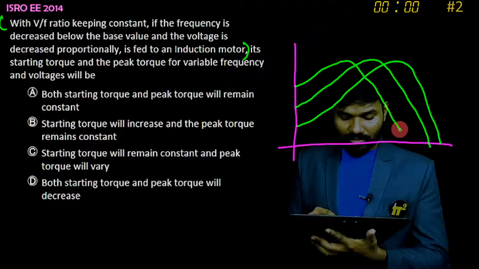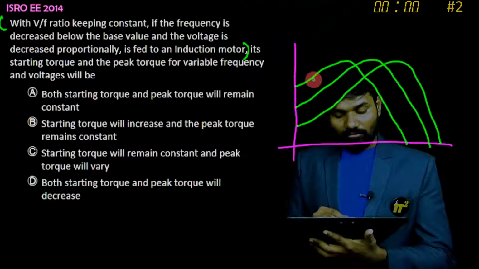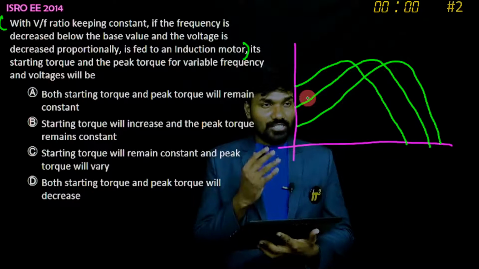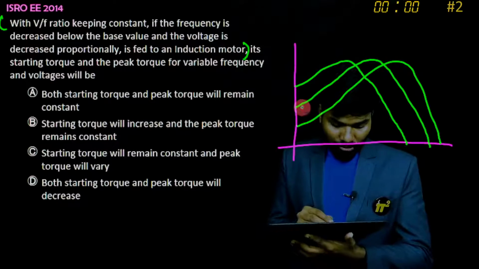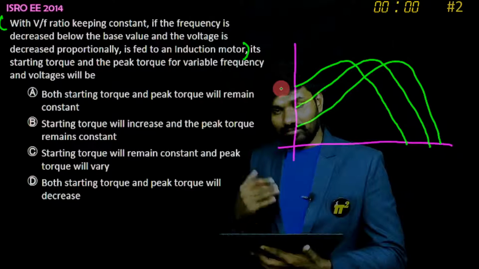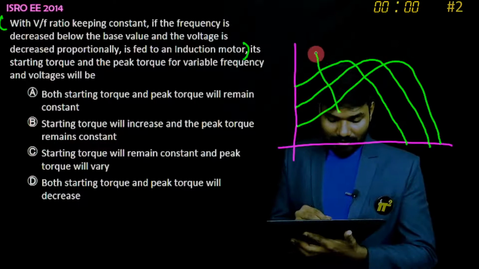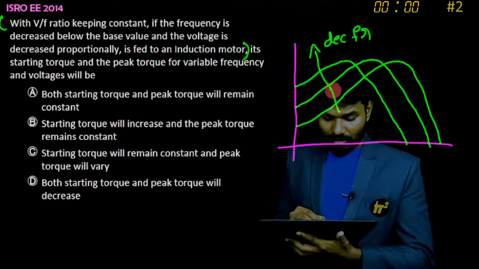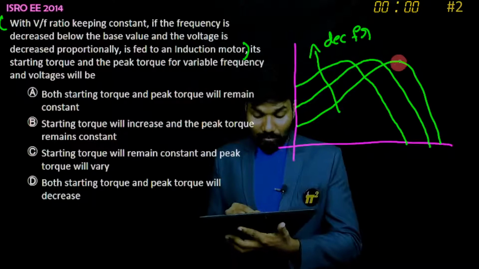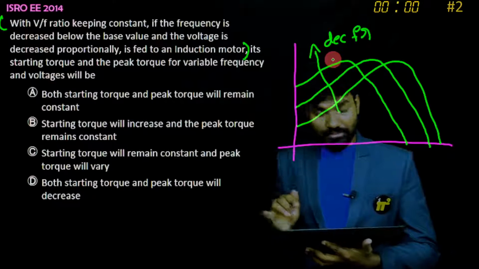For decreasing frequency it will be like this. For V by F ratio constant, you will get these curves. So starting torque is increasing with a decrease in frequency, and maximum torque is maintained constant.